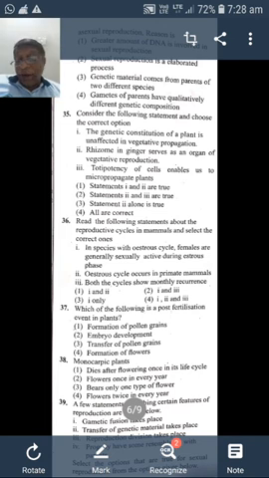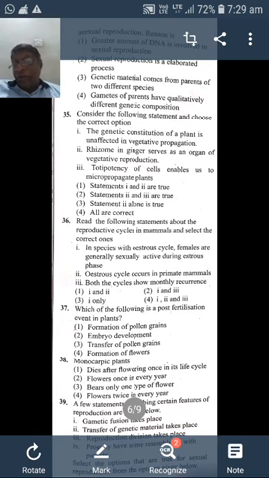Next. Transfer of genetic material takes place. Yes. So once the gametes form, gametes must transfer. Gametic transfer is there. Reproduction division takes place. No, it's not like that.